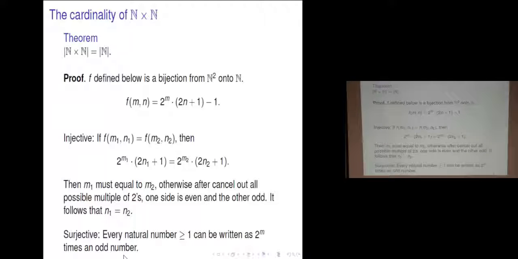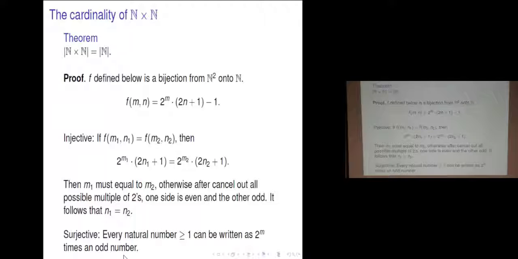Now, surjective. I want to say that every natural number will be the image of some pair. That's the meaning of surjective.